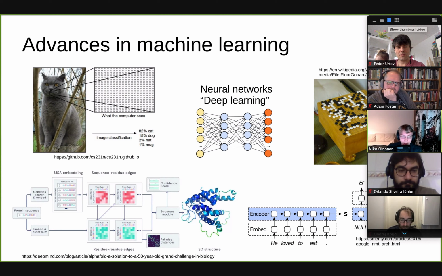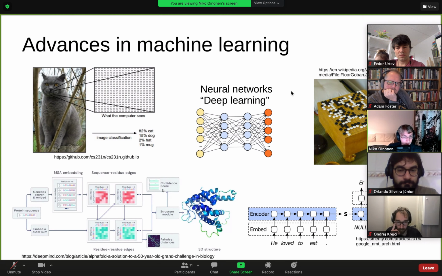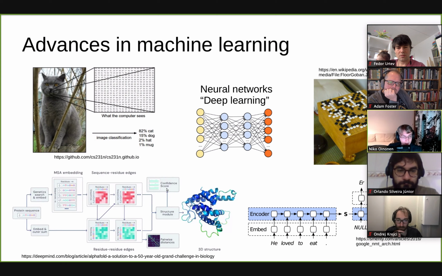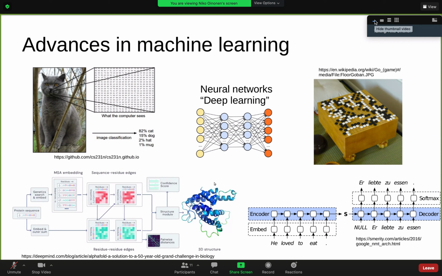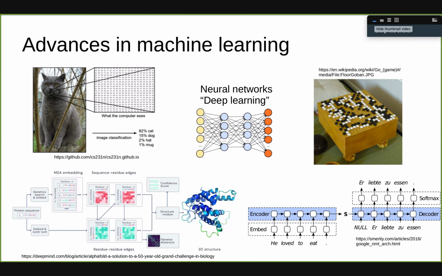There's machine translation, and at the very end of last year, there was this really hyped result from Google's DeepMind team, the AlphaFold 2 model, which was deemed to have solved the difficult challenge of protein folding in biology.